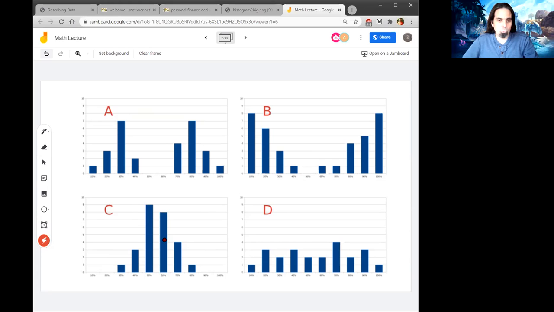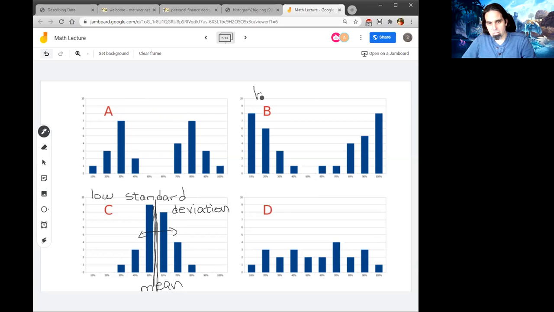So standard deviation means what's the standard amount you are away from the middle. So this one has a low standard deviation, meaning that most of the people that took this test were close to the middle line, whatever the mean is. They were pretty close to that.